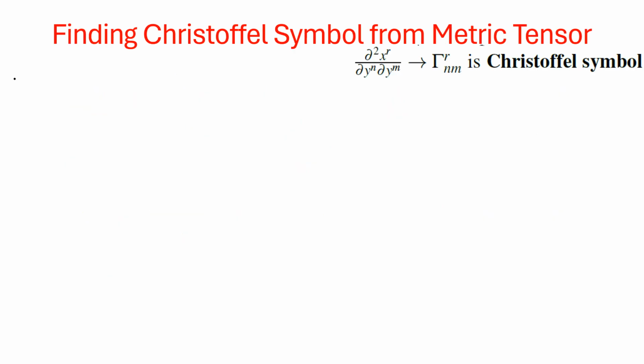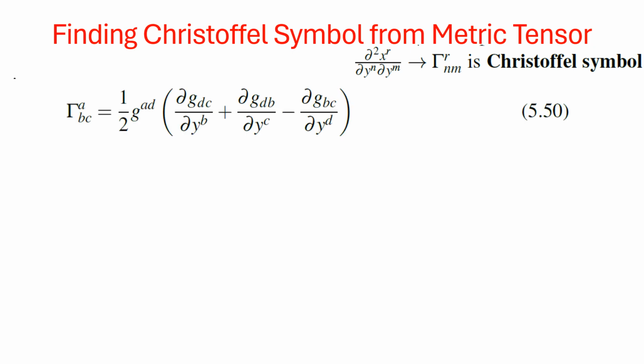Now, finding the Christoffel symbol is very important. There is one derivation appearing on your screen that can be used to obtain the Christoffel symbol, and in the problems we are going to deal with, we have to obtain the Christoffel symbol for that given particular matrix, the matrix elements.